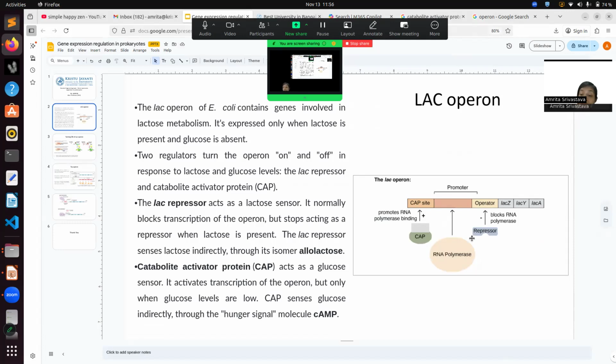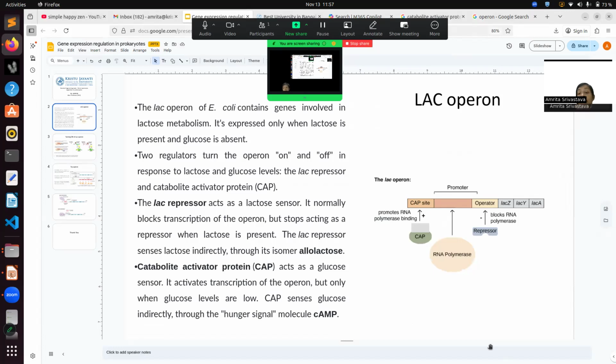There are repressor proteins that bind to the operator and prevent the movement of the RNA polymerase, and in a way prevent the transcription and translation of the proteins that code for enzymes that metabolize lactose. When glucose is present in sufficient amount, the repressor binds to the operator and this operon is inactivated.